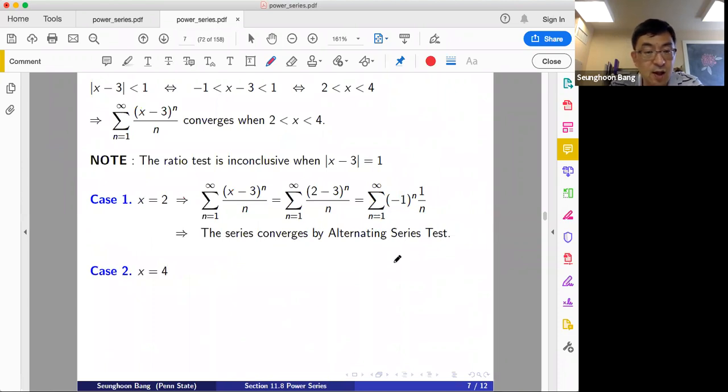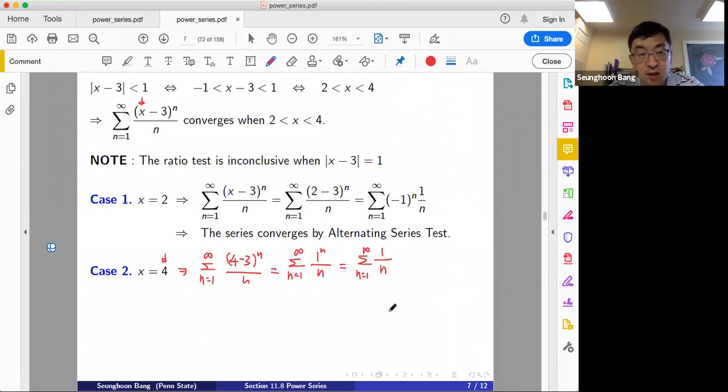Now x equals 4. You plug 4 into here. So we have summation n equals 1 to infinity, the 4 minus 3 to the power n over n, which is the same as summation n equals 1 to infinity, 1 to the power n over n. 1 to the power n is just 1, and the bottom one is n.